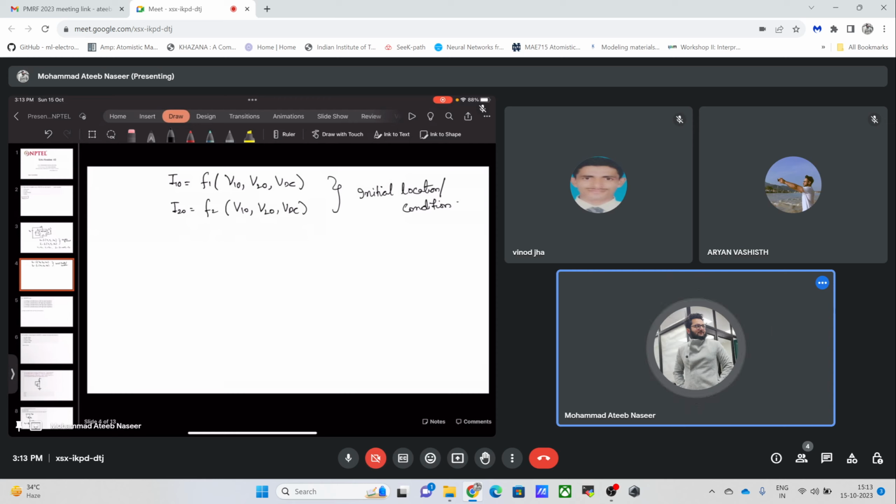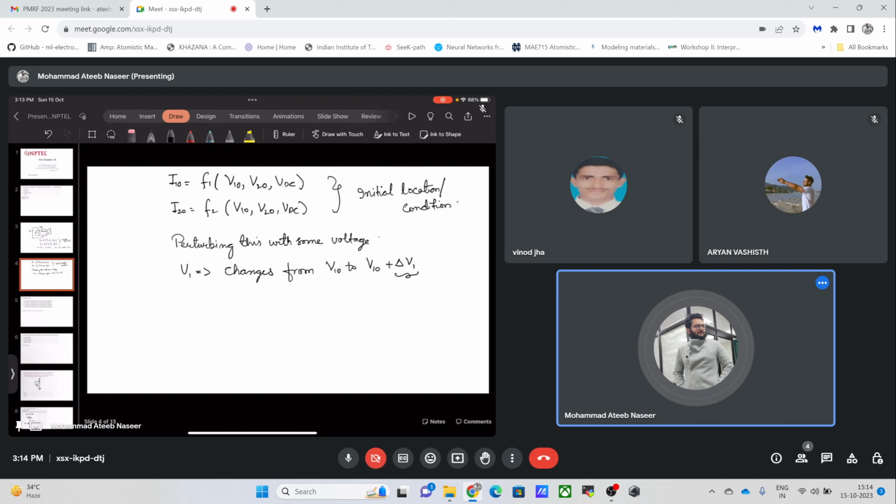By perturbing I mean I am giving some small signal to this system. We are perturbing it with some voltage, so V1 changes from V1 of 0 to V1 of 0 plus delta V1.